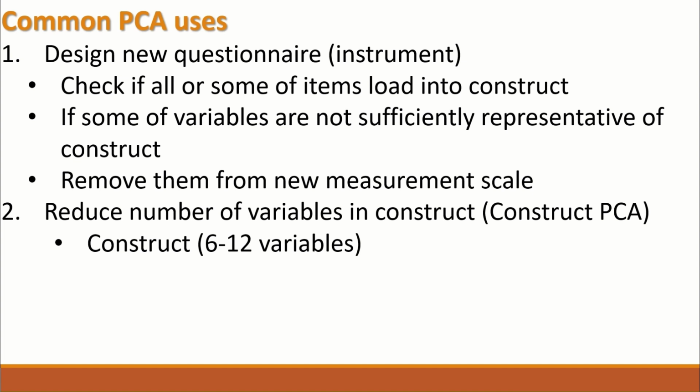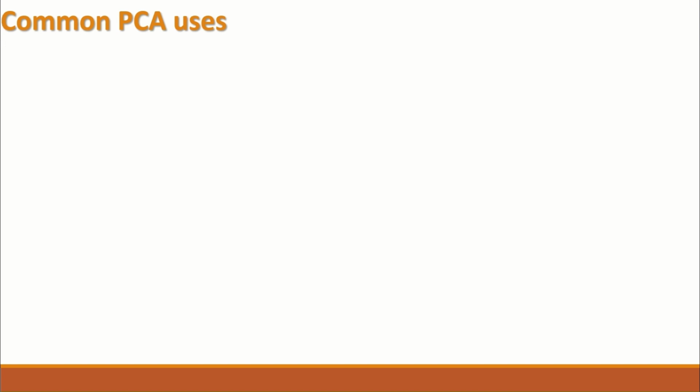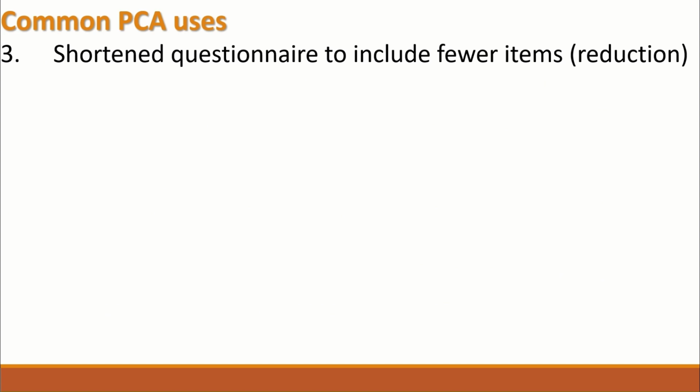If a construct consists of, let's say, up to 12 variables, then PCA can be performed to find out which variables within that construct, which is part of the questionnaire, are highly correlated and represent the construct. The third use of the PCA is to shorten questions to be included in the questionnaire.